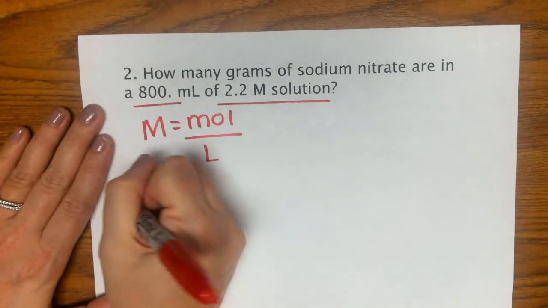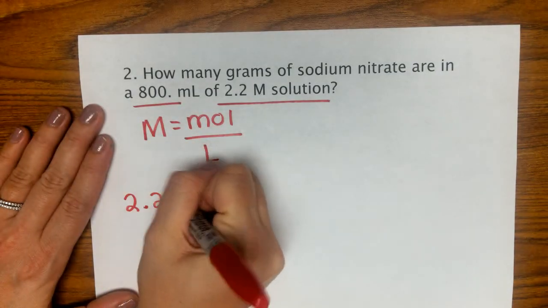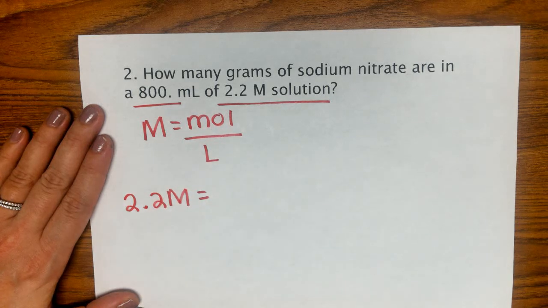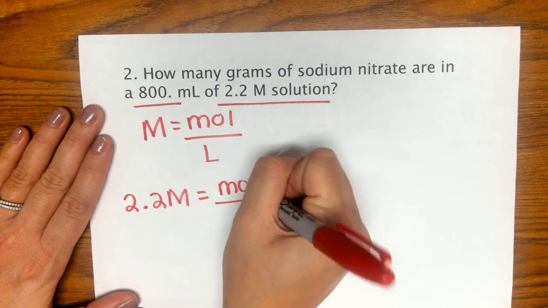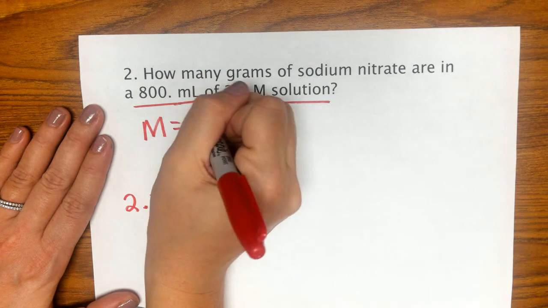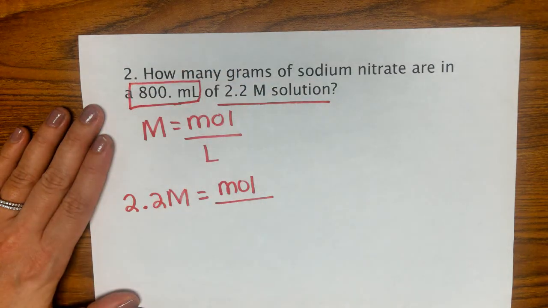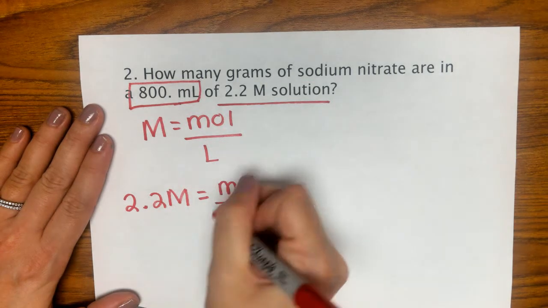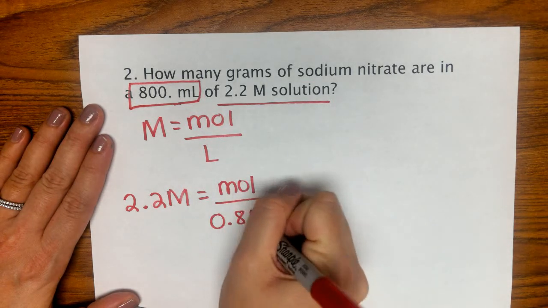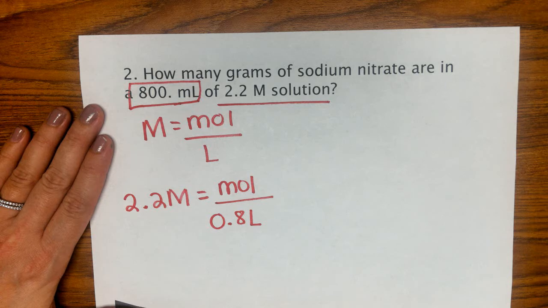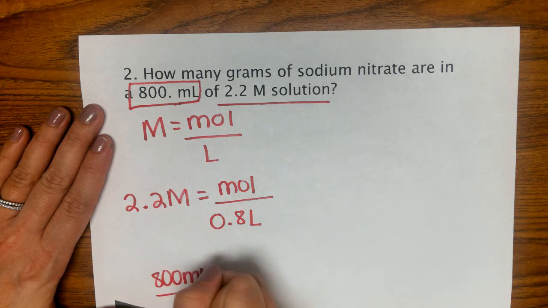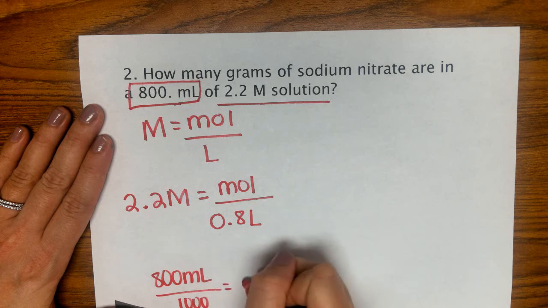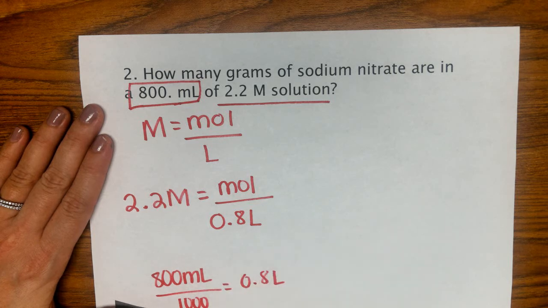We have our molarity, 2.2 M. Our solution, we don't know moles. And then we have 800 milliliters. 800 milliliters is 0.8 liters. I got that by dividing by 1,000. 800 mL divided by 1,000 is 0.8 liters.